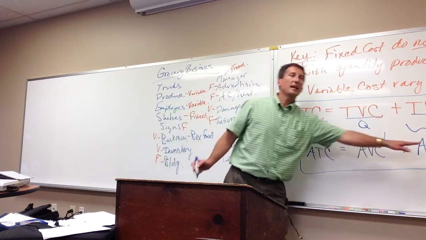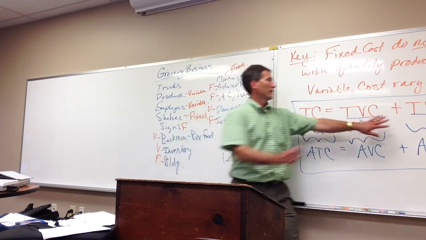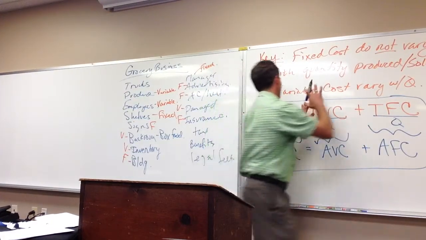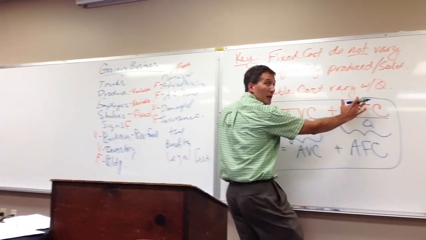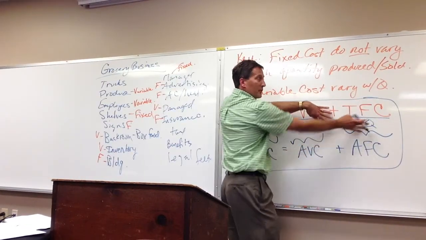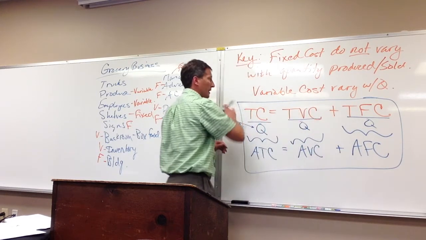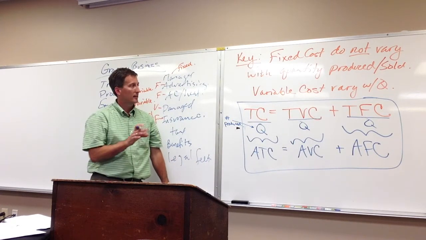The sum of the averages equals the average total. Variable cost plus fixed cost equals total cost. The formula for average total cost is that. The formula for average variable cost is that. The formula for average fixed cost is that. So you've got like 1, 2, 3, 4, 5 different things going on with that little expression.